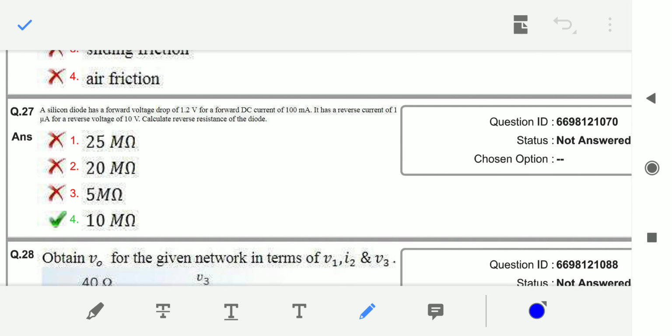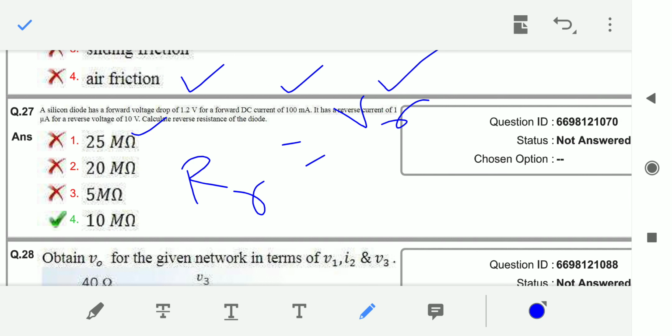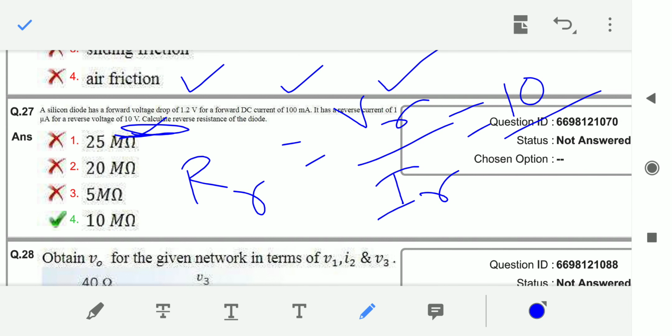Reverse resistance is reverse voltage by reverse current. Reverse voltage is 10 volts and reverse current is 1 microampere. So 10 by 1 is 10, 1 by micro is mega, so the answer is 10 mega ohms.